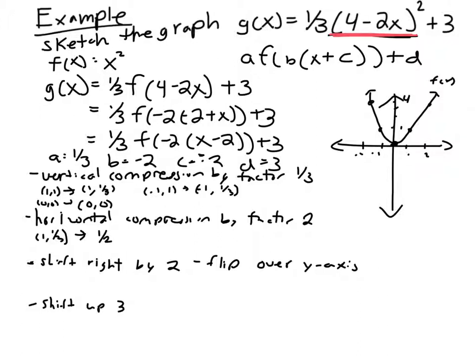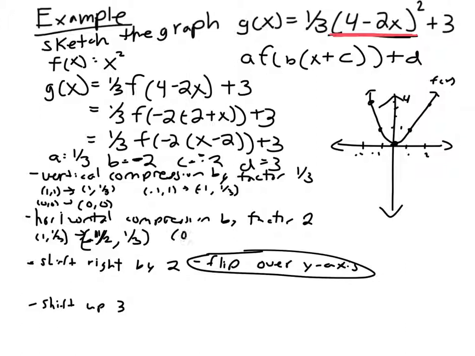Now these two, the flip over the y-axis and the horizontal compression by 2, can be done at the same time. So if I just multiply by 1/b as opposed to 1 over the absolute value of b, so if I just keep the sign, basically. Okay, so 1/b would be -1/2. And then the 1/3 stays the same.